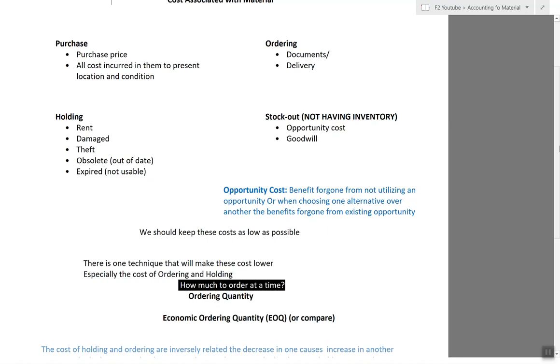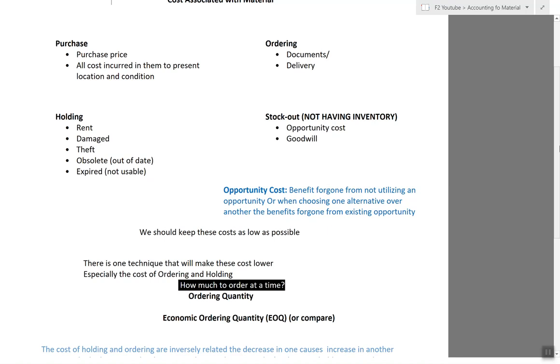So when we need 12,000 units, for example, should we buy 12,000 units at once? If we buy all of them at once, what happens is the ordering cost reduces because of the economy of scale in ordering. Maybe we need one car in which all the things fit, and documentation and stuff would be reduced.